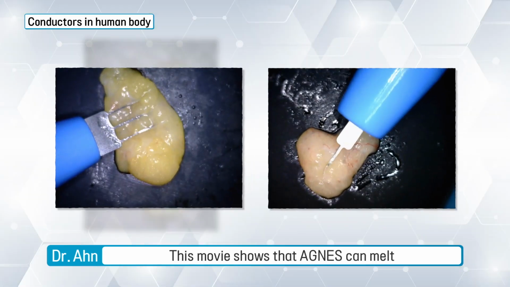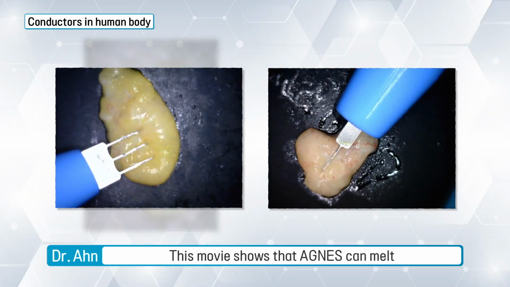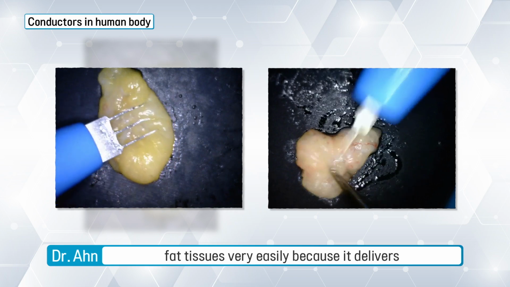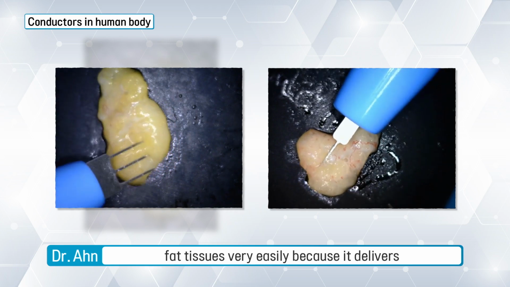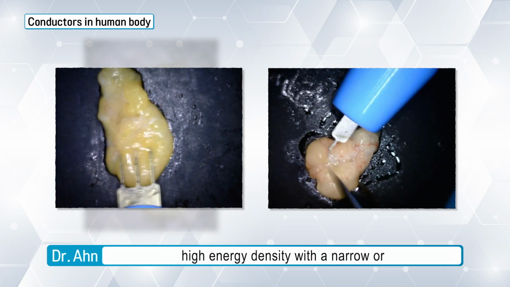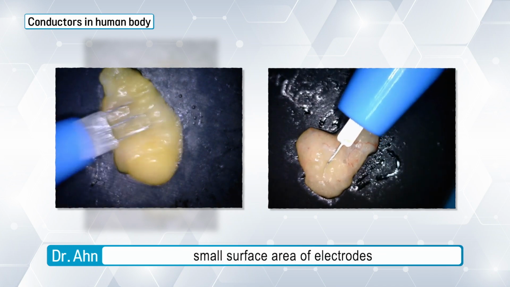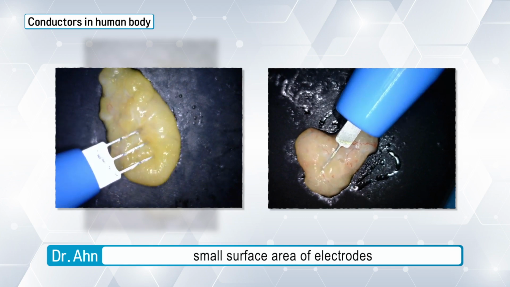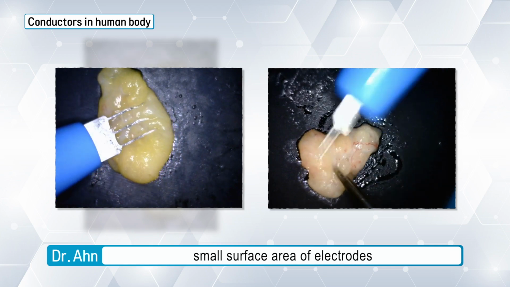This movie shows Agnes can melt fat tissue very easily because it delivers high energy density with a small surface area and a high watt power.